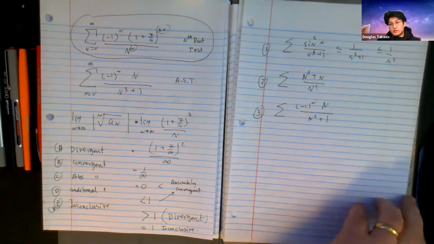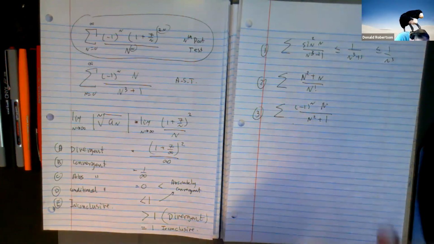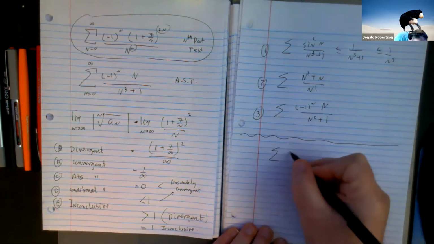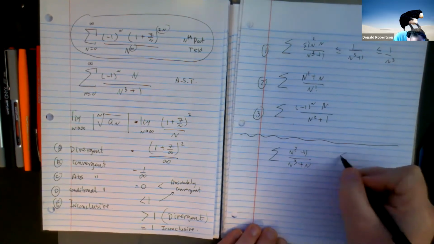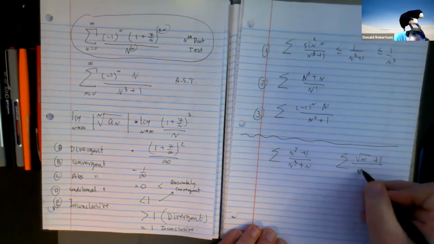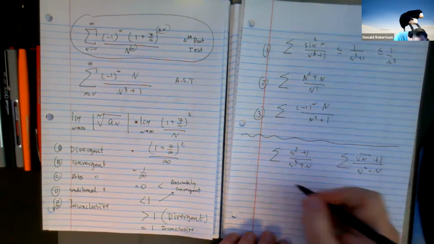Could you go over the difference between the limit comparison test and the comparison test? Yeah. When you have nothing but polynomials, even polynomials with square roots in them, you will use the limit comparison test.